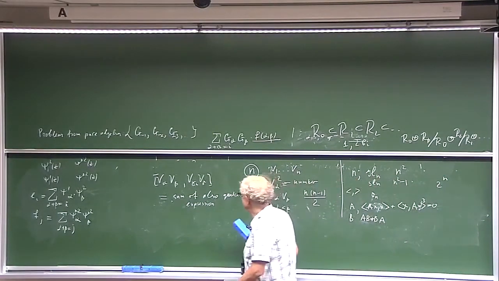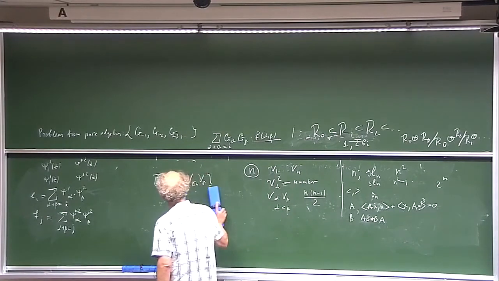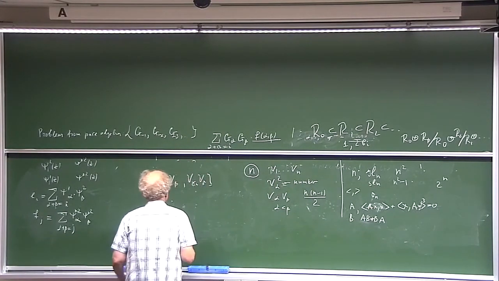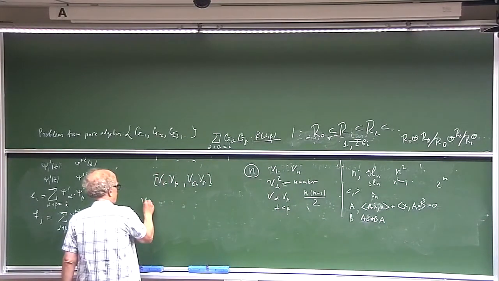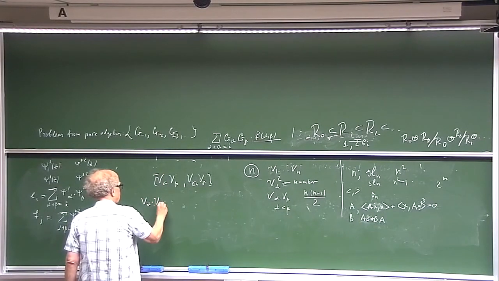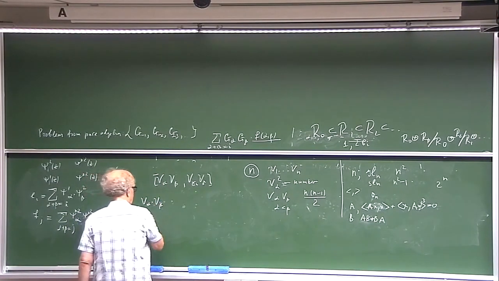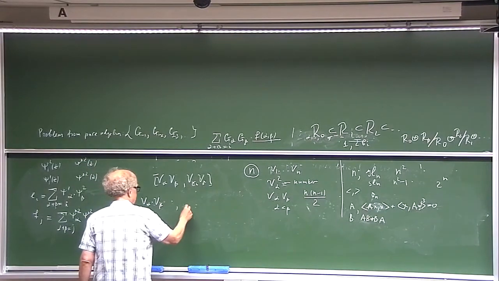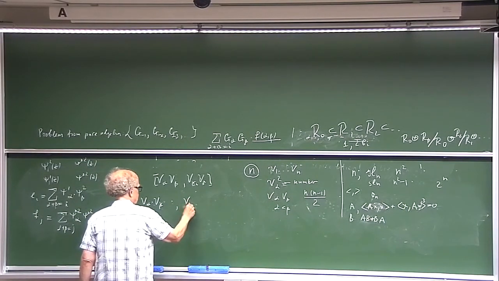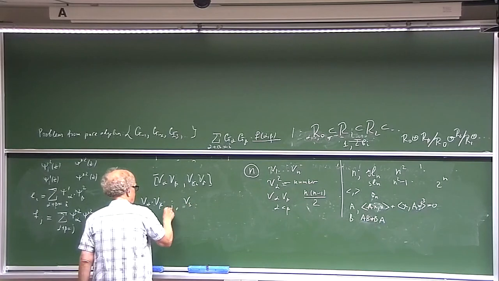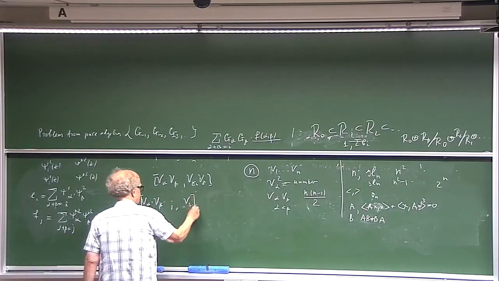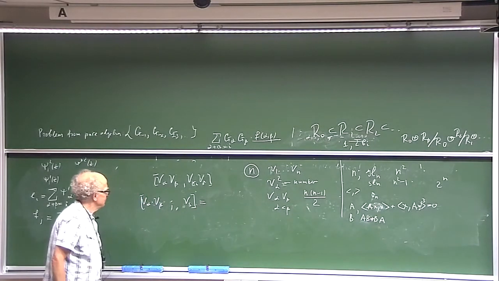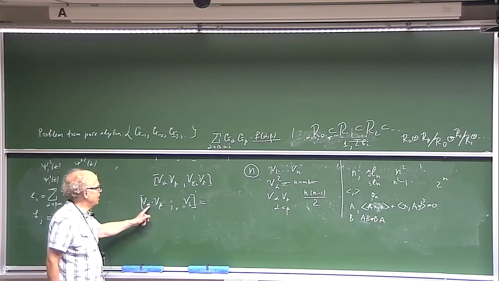Because what? Let us take some expression, V alpha times V beta. And let us take some element Vs. And let me calculate this bracket. Now we are living in Clifford algebra, and we are talking about a simpler problem.